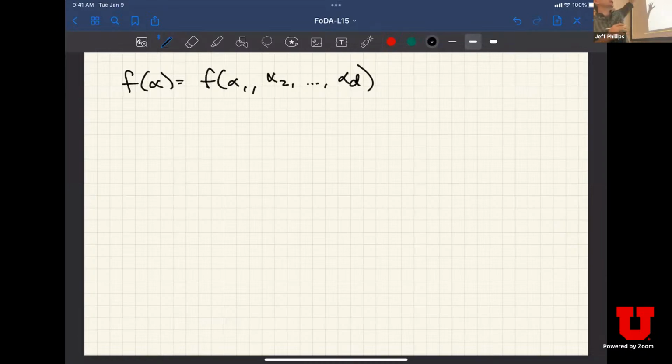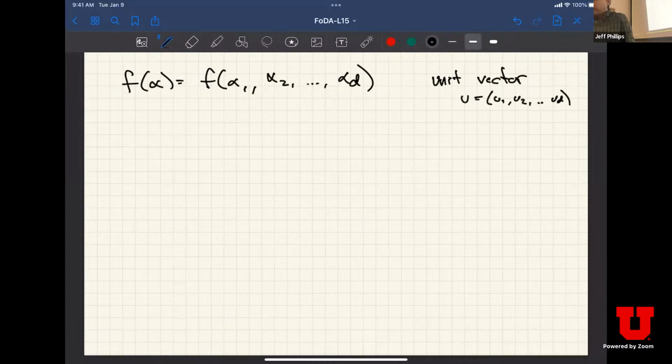So we're going to start with the function. Then the second thing we need to define the directional derivative is a unit vector u. Remember, that means u is going to be u1 up to ud.